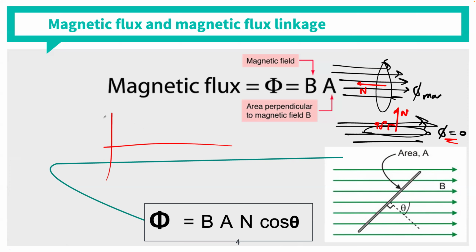So I'm drawing a graph for flux versus angle. When theta is 0 or 180, the flux is maximum, phi naught. Whereas when theta is 90, the flux is zero. So the graph goes like this. And what type of graph is it? It's a cosine graph. That's why the flux depends on cos of the angle.